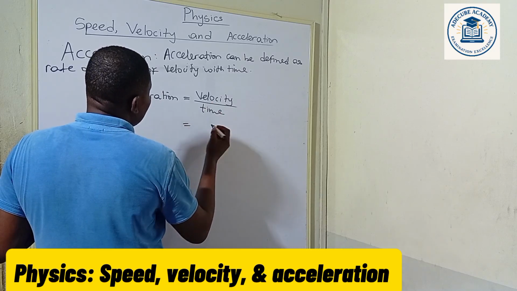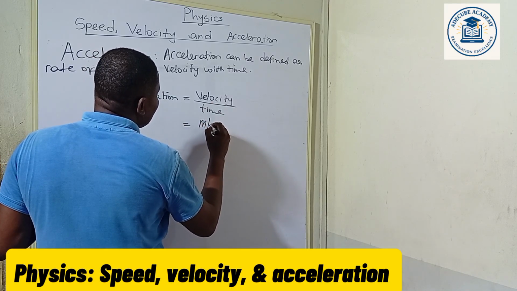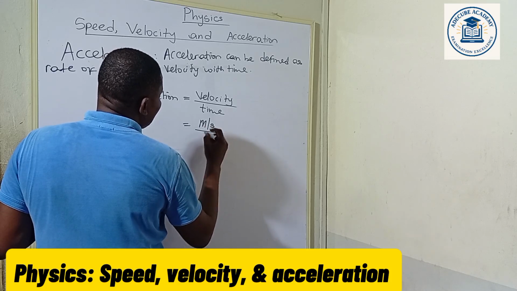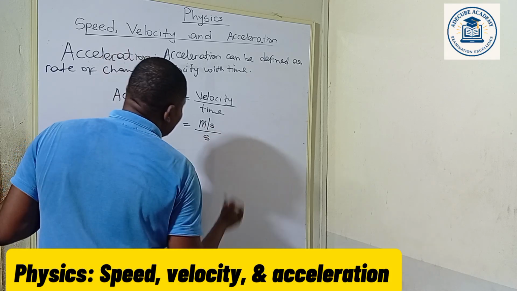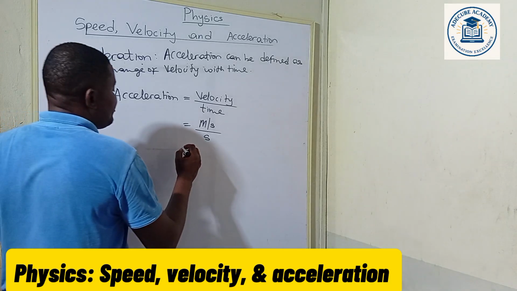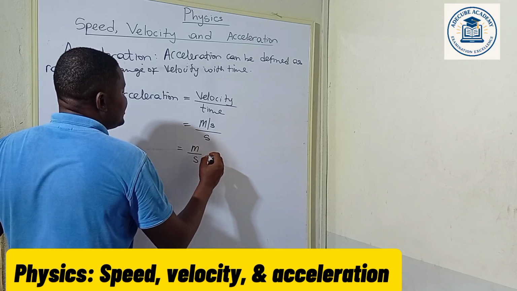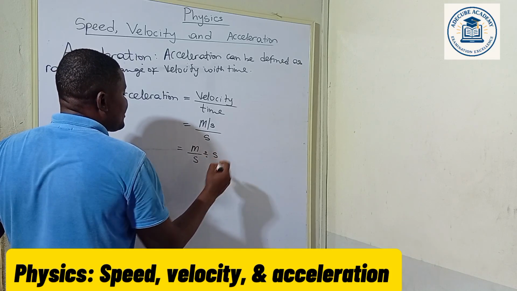Now, what is the unit of velocity? The unit of velocity is meter per second. And the unit of time is second. So we have meter per second divided by second.